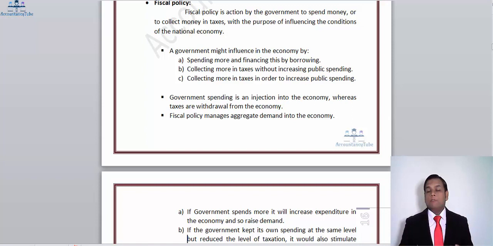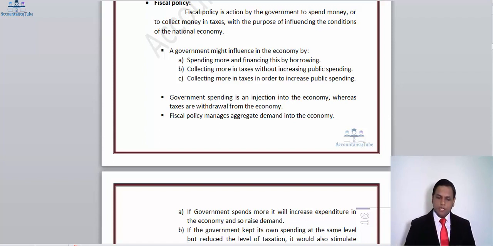Because people were very conscious about spending their money, they were putting it in the banks and deposits. They were not very confident about the economy. They were not very confident about investment. So this is one of the ways through which governments can circulate money into the economy.